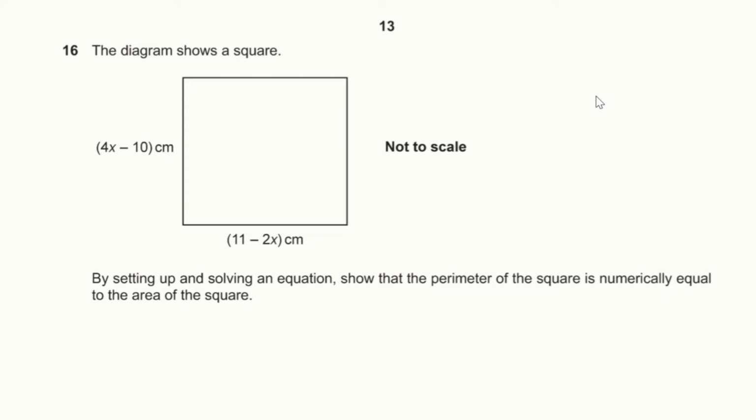Question number 16. The diagram shows a square and we've got length of 4x minus 10 and 11 minus 2x, and by setting up and solving an equation we have to show that the perimeter of the square is numerically equal to the area of the square. Well, we've got the sides of a square which are equal, which implies that 4x minus 10 is equal to 11 minus 2x.